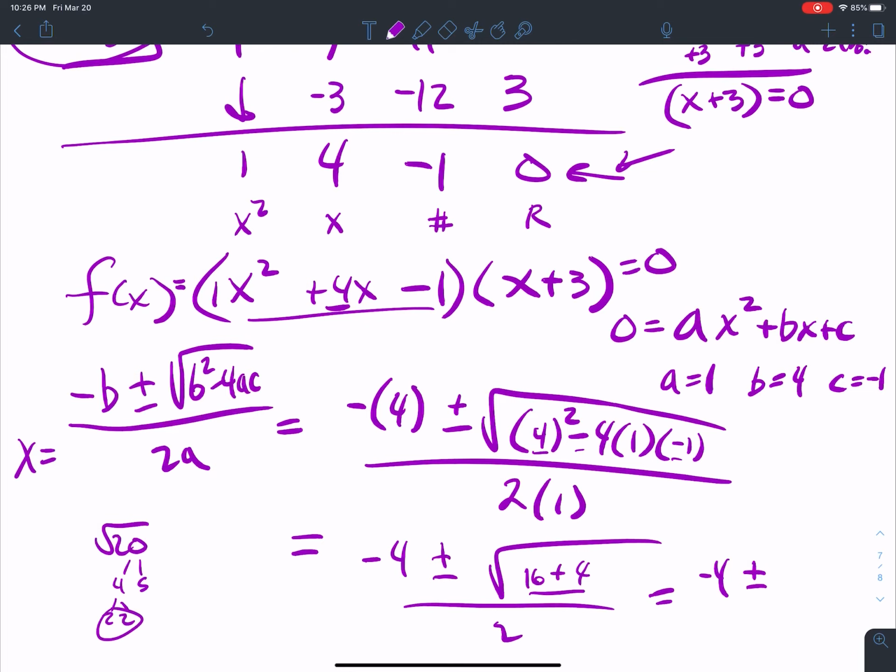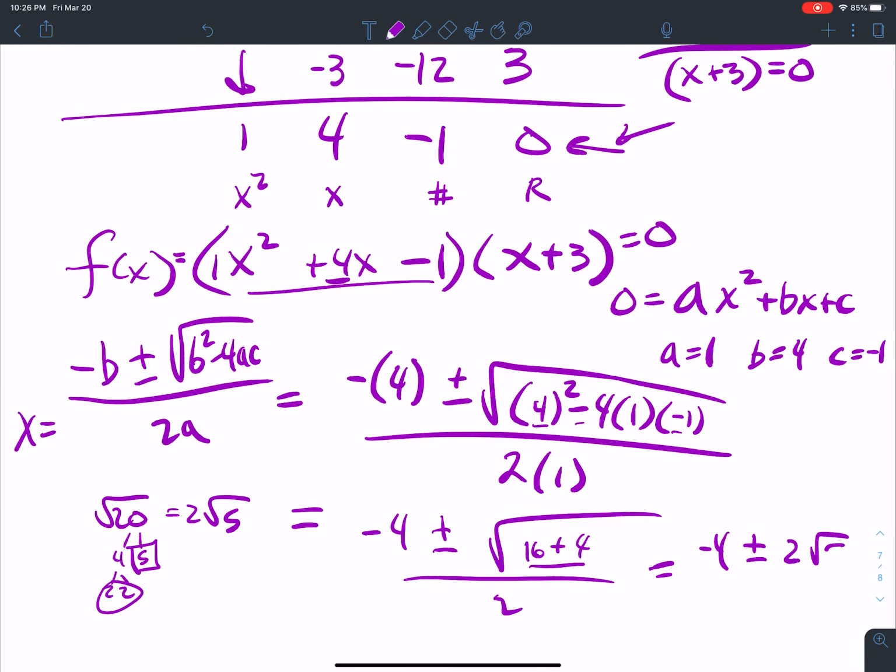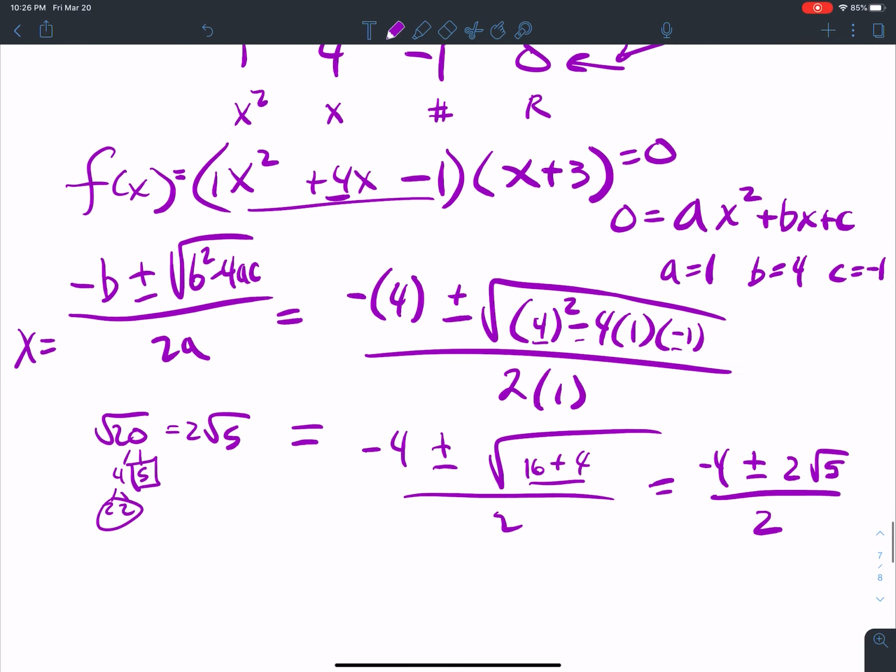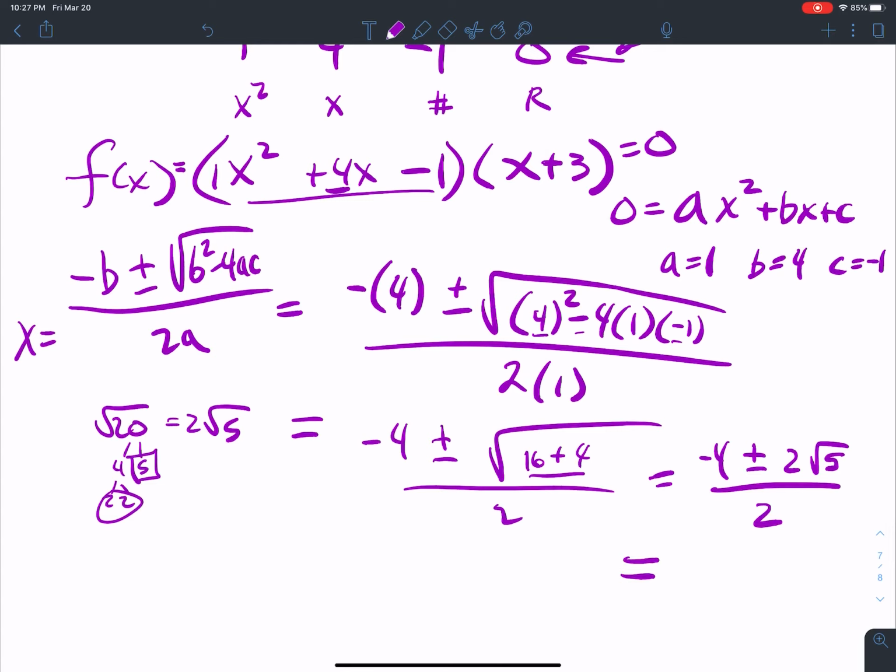So 2 can come out of the house, but the 5 stays in the house. So that's 2 square root 5 over 2. All those have a 2 in common, so this reduces to negative 2 plus or minus square root of 5. All right, negative 2 plus or minus square root of 5.